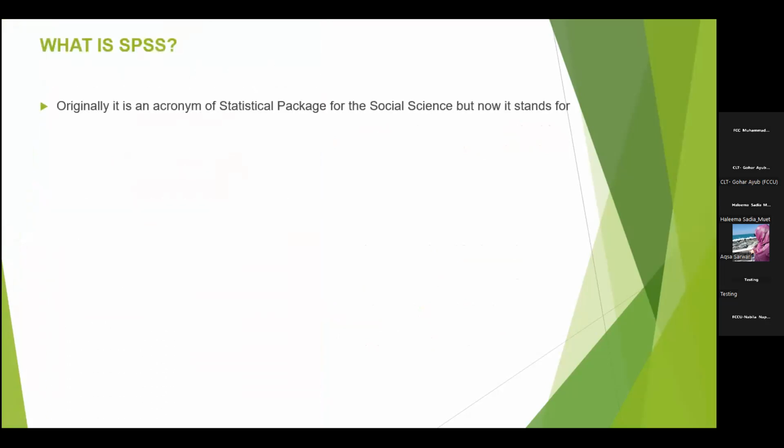What is SPSS? SPSS was originally an acronym for the Statistical Package for Social Sciences, but now it has changed its definition to Statistical Product and Service Solution. Its latest version available, as per my knowledge, is IBM SPSS 29.